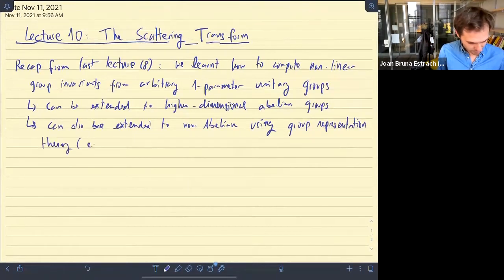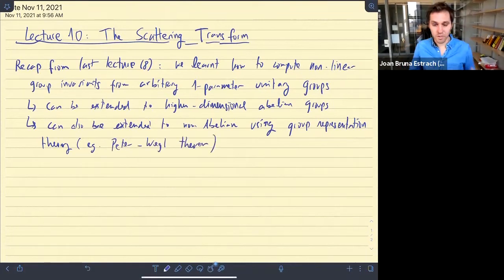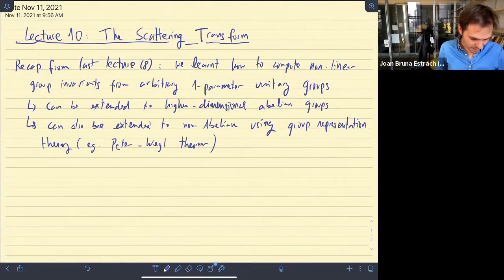For example, I don't know if people here are familiar with something of the form of the Peter-Weyl theorem, which gives us the decomposition in terms of irreducible representations, and then you can use that also to build the same kind of invariant representation. But that's not for us. Not for today.